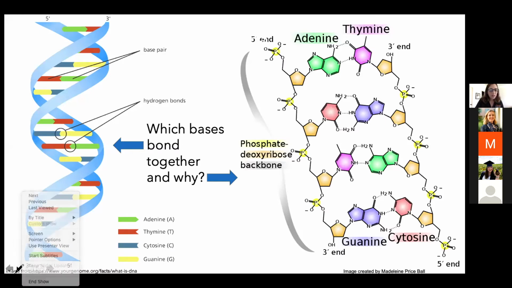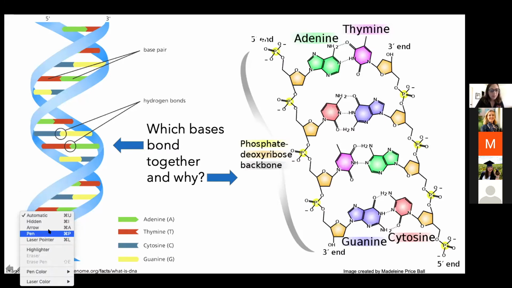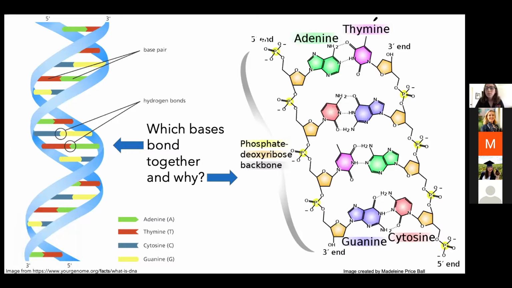So what it looks like to me from the image is that the NH2 is bonding to the O and the N to the HN. I'm going to draw what she's talking about right here. She has noticed these little dotty lines and saying that's probably a bond, and you are correct, that is a bond. But now I want you to tell me, what's the difference between the adenine and thymine and the guanine and the cytosine?